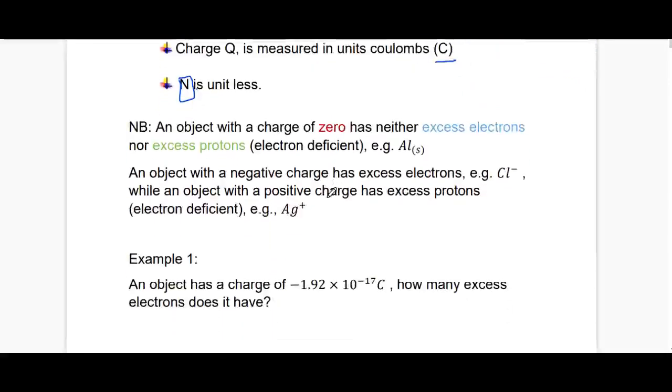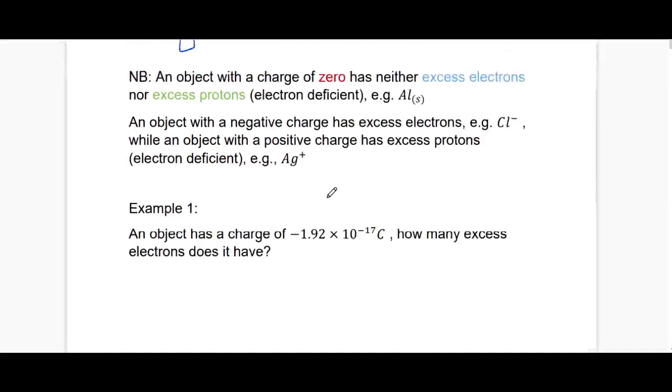Now here's a statement that I want you to check. An object with a charge of 0 has neither excess electrons nor excess protons, or what you can say is electron deficient. What do I mean by this? If an object has a charge of 0, like this one, you can see that we have aluminium here.